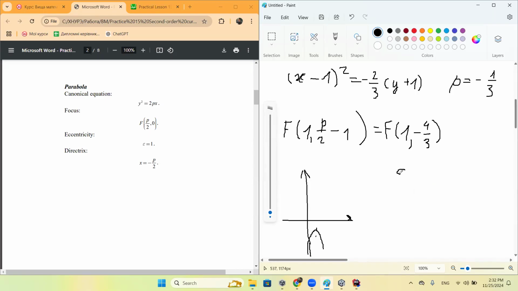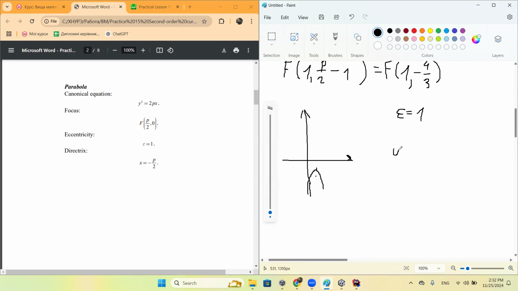Eccentricity is always 1. Of course, I will write it, but it doesn't make sense to do something with that. And directrix is the following. So y equals minus p by 2, yeah, because swapped, minus p by 2 plus the y coordinate of the center.